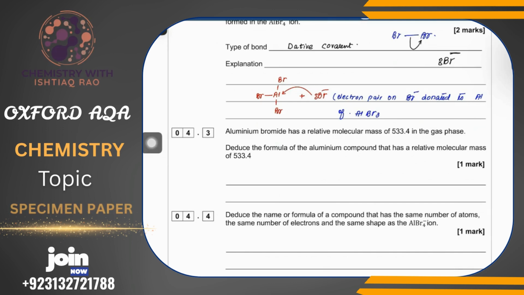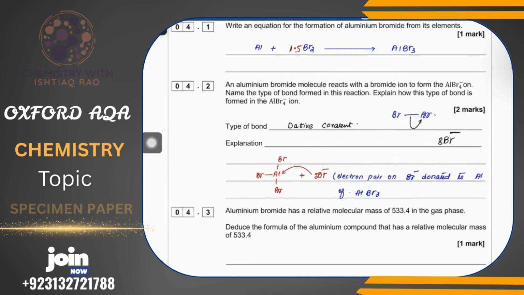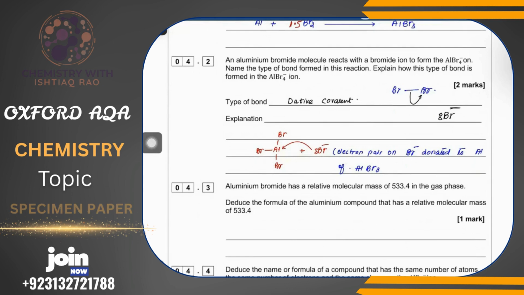What do I have to do here? Let's say aluminium bromide is AlBr3. If it's AlBr3, what's the molecular mass of AlBr3? Is that going to match with this Mr? You have to find out the Mr of AlBr3 first, and if not, then you have to multiply it.